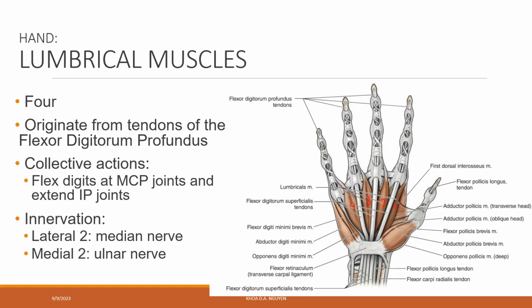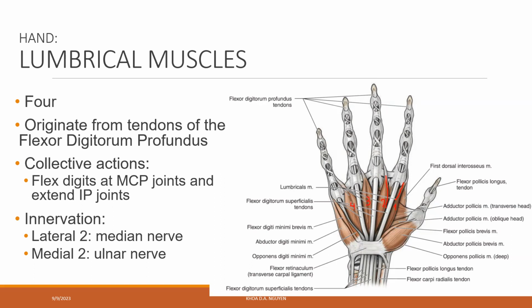The first 2 lumbrical muscles, 1 and 2, are just one slip of muscle, but the third and fourth lumbrical muscles are actually bipennate muscles. This is one thing that can help you distinguish which one is which on a cadaver dissection.